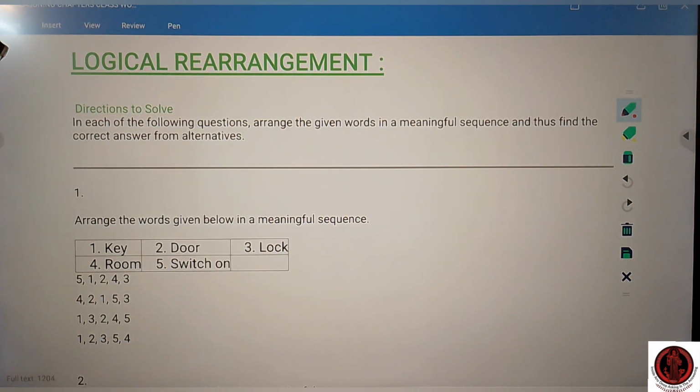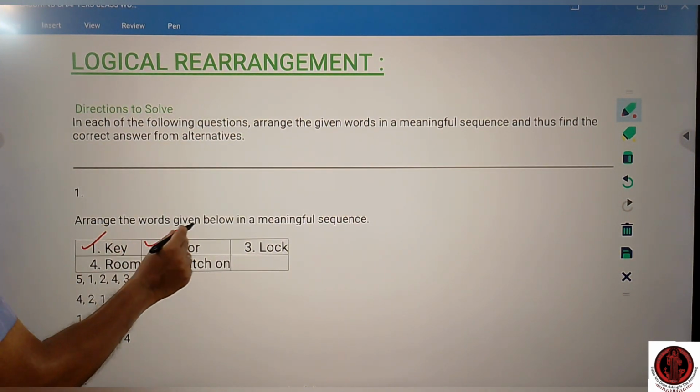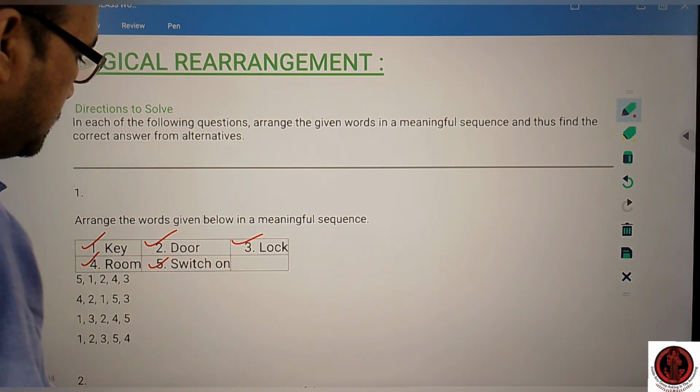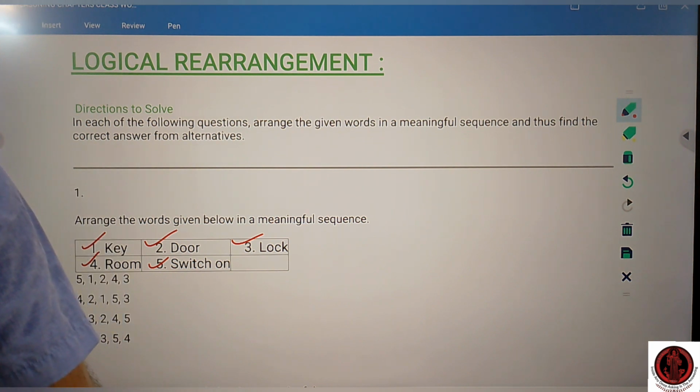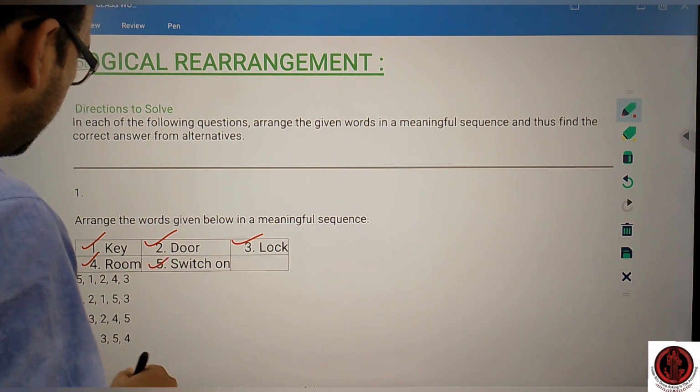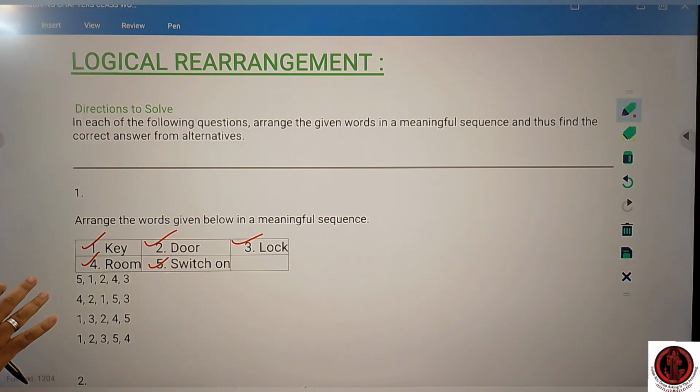Now question number 1. The words are key, door, lock, room, switch on. What can be the logical sequence? The options are given.